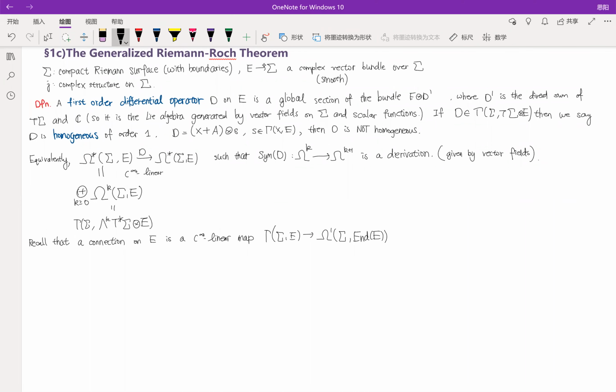that a connection will be given by a connection form alpha.